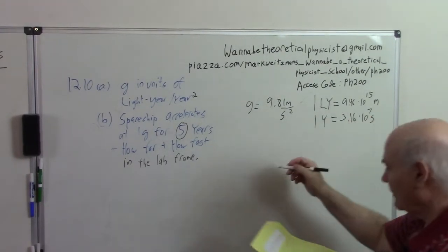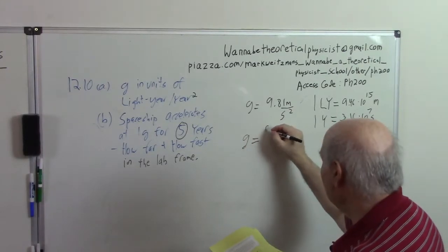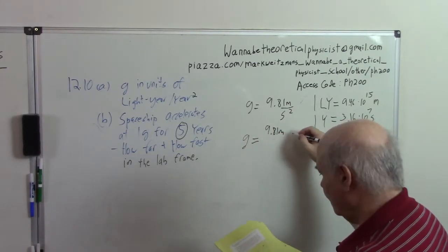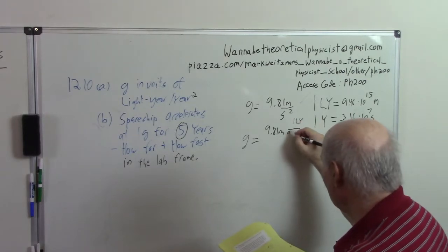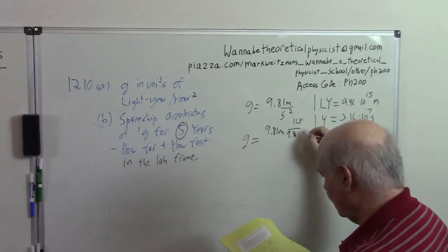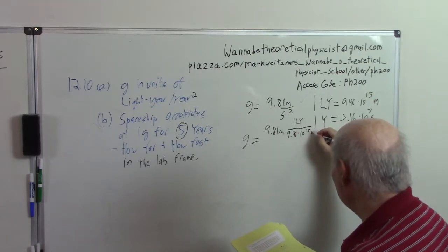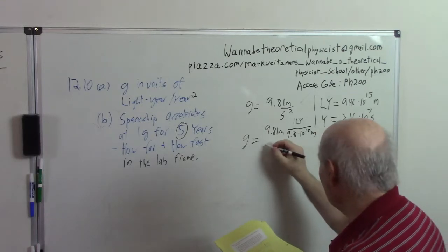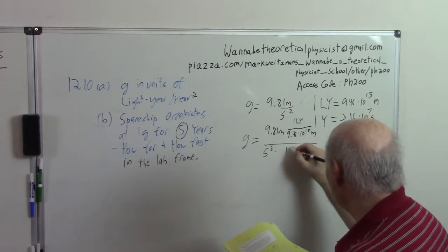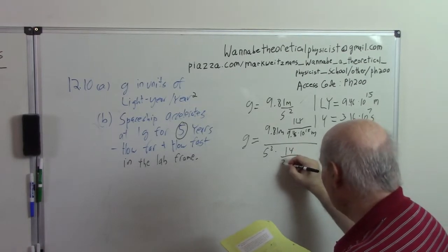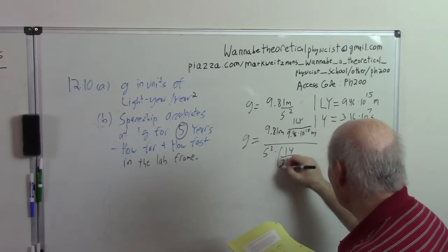So substituting these numbers in here, you'll get G is equal to 9.81 meters times 1 light year divided by 9.46 times 10 to the 15th meters, and divided by seconds squared times 1 year over 3.16 times 10 to the 7th seconds.